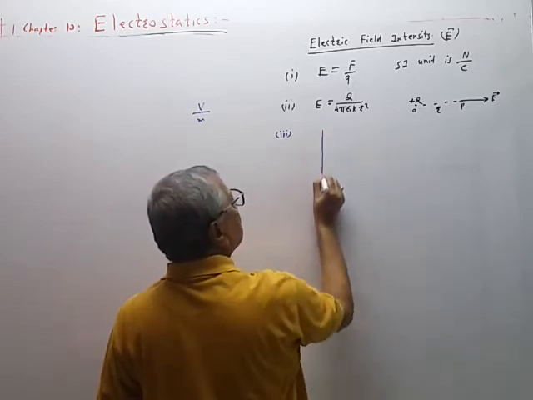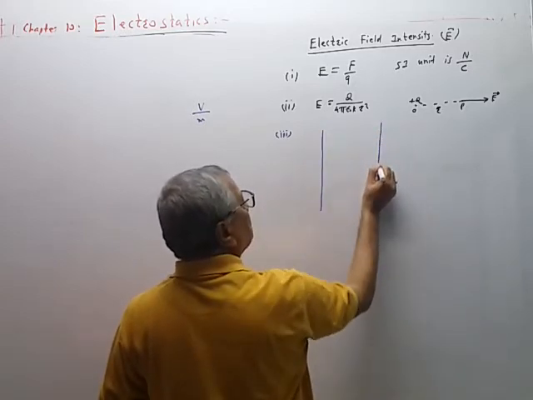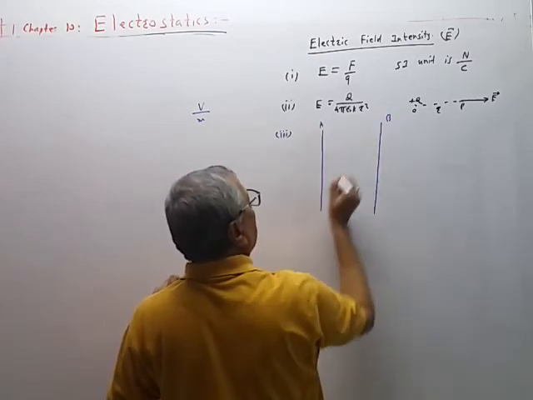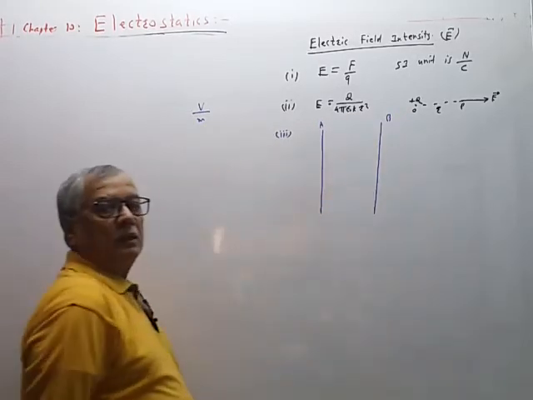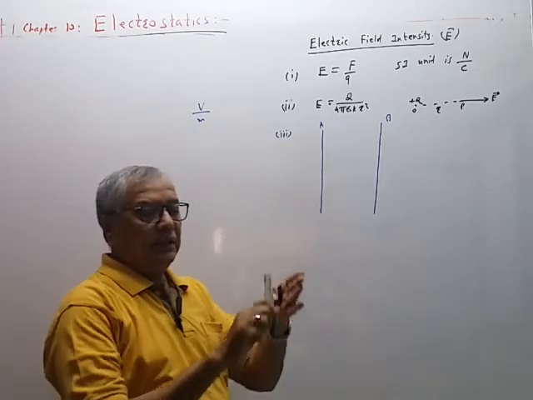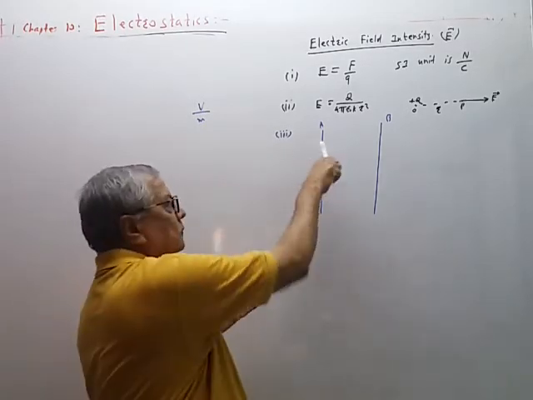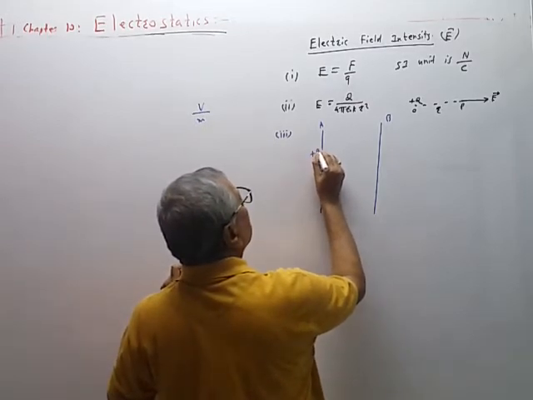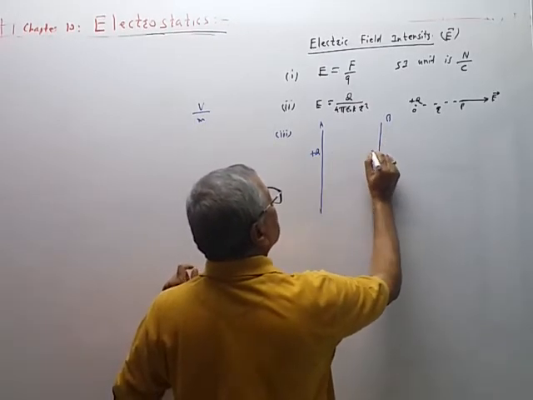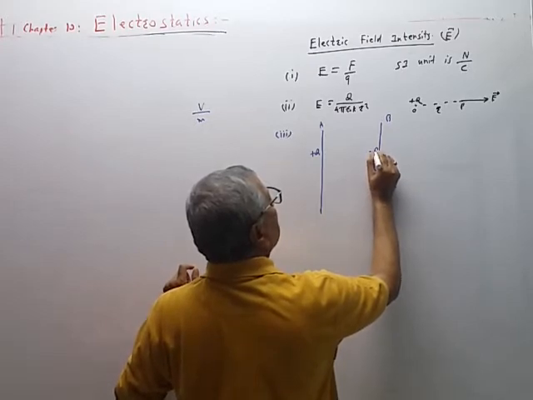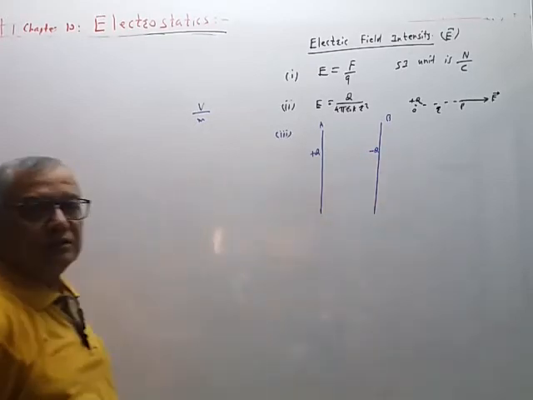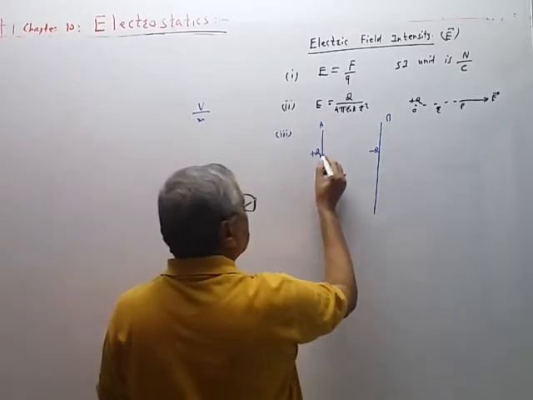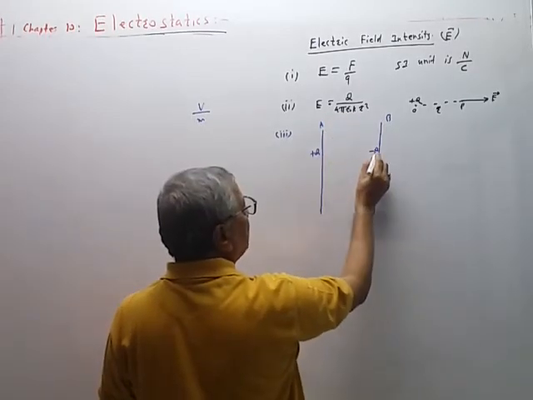So suppose these are the two metal plates which are kept parallel to each other, A and B. Now by this electrofriction method, positive charges are given, say plus Q. So by induction process, we know the induction process, minus Q charges are produced on the inner surface like this. So between the two plates, now there is the electric field.